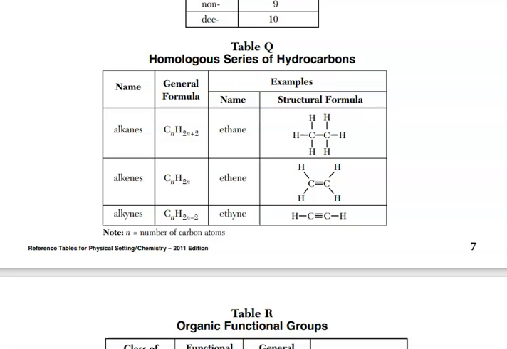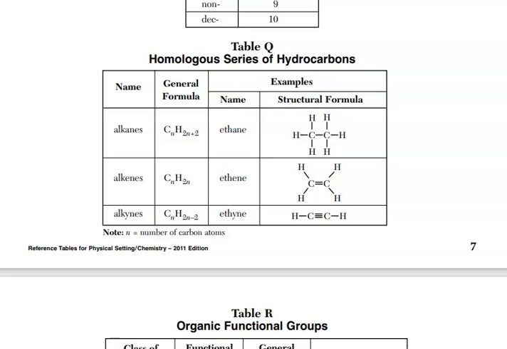For our hydrocarbons, the only difference between alkanes, alkenes, and alkynes is the number of bonds between two carbon atoms. When you go ahead and you name hydrocarbons, the prefix is going to be the number of atoms in the molecule.